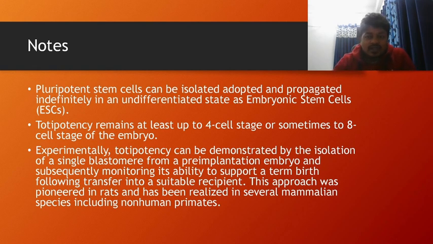Once the cells or the structure has lost the capacity to produce the external membrane, which is very necessary for the implantation of the embryo in the mother's body, it will become pluripotent. Before that, it is totipotent, right? Because these cells have the capacity to produce the cells that are necessary to form the extraembryonic membrane. Okay, so these are a few pieces of information that you need to keep in mind.